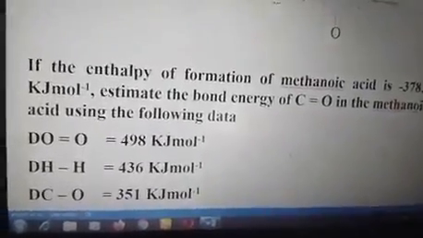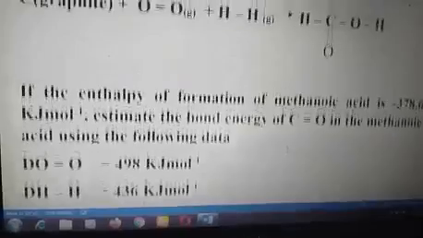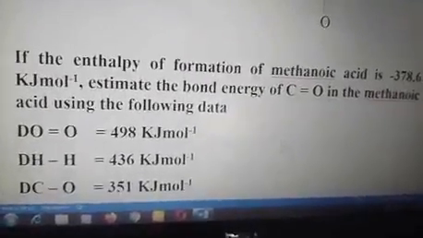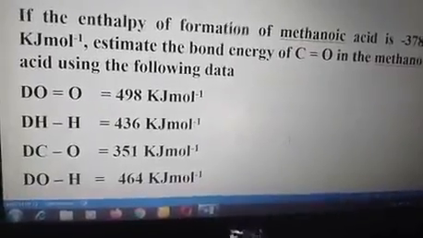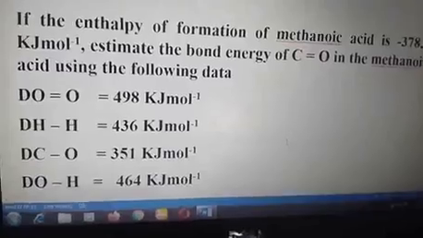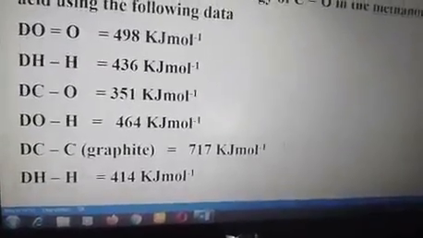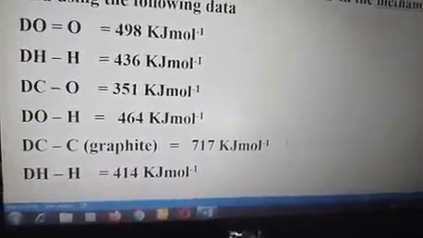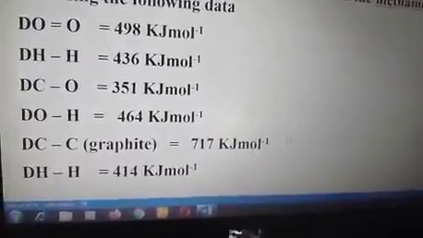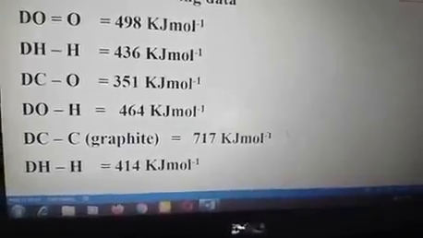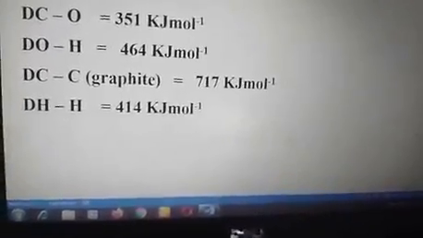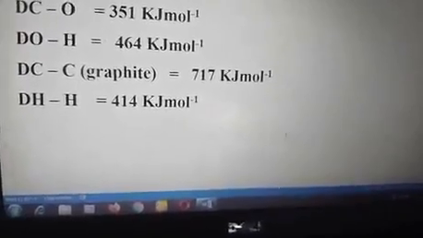We are given the oxygen to oxygen double bond energy as 498, the hydrogen to hydrogen single bond as 436, carbon to oxygen single bond as 351, oxygen to hydrogen single bond as 464, carbon to carbon single bond as 719 kilojoule per mole, and carbon to hydrogen single bond as 414 kilojoule per mole. So let's go to the solution.